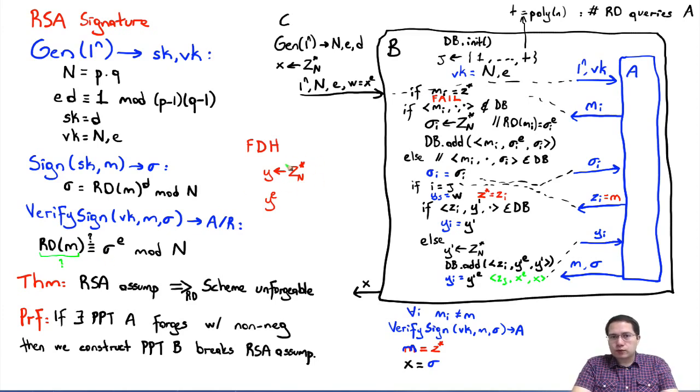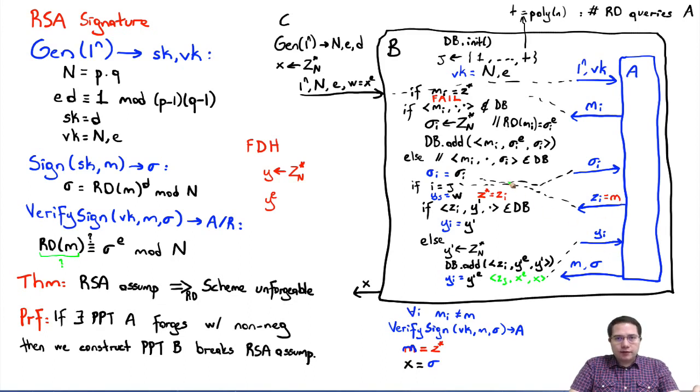It depends on the size of Zn star, but the size of Zn star is exponential in the security parameter little n. So the chance of forging a valid signature without ever querying the random oracle on that particular message is negligible. Since that's the case, we can say that if the adversary ever manages to output a valid forgery with non-negligible probability, then he must have queried at some point for M to the random oracle.